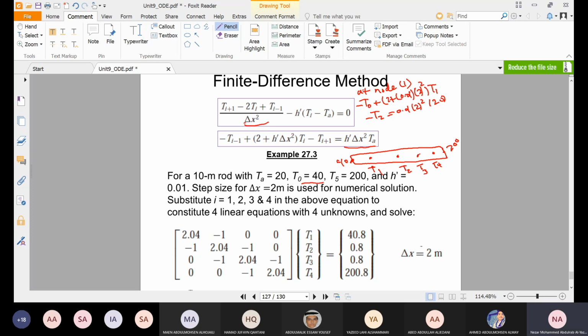And we multiply the parameter inside the bracket by T1. And this will be equal to 41 minus T2. This will equal 48. Okay, so this is the first equation. We have two unknowns in this equation, T1 and T2.